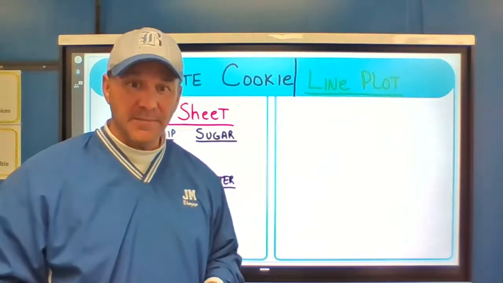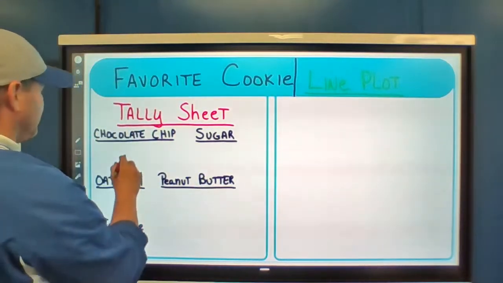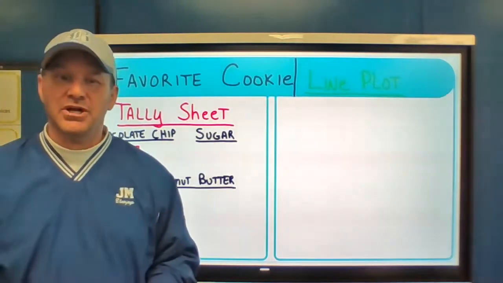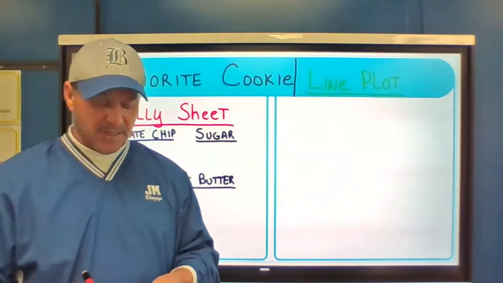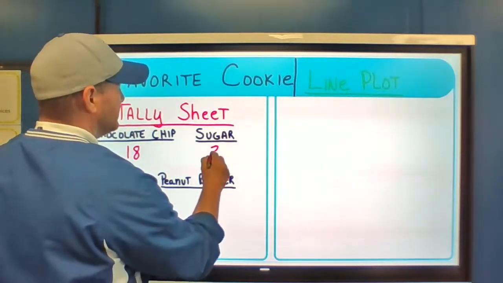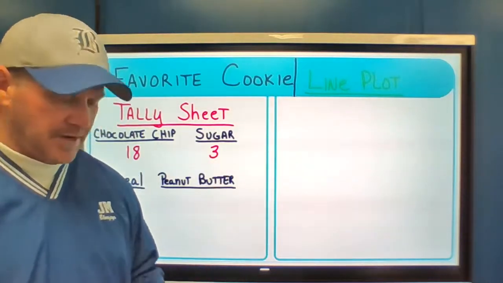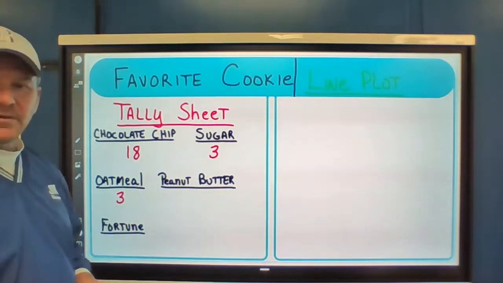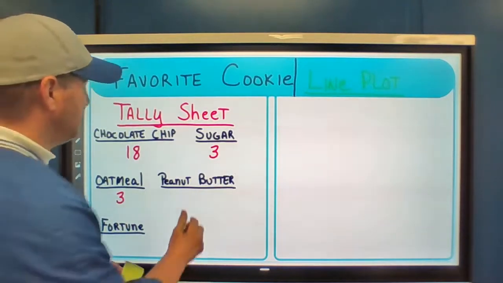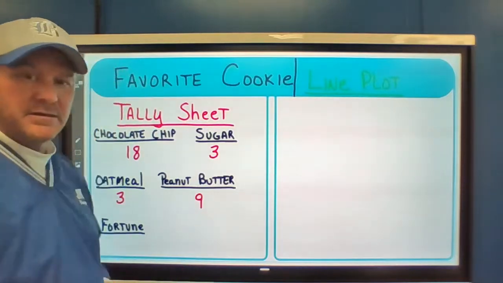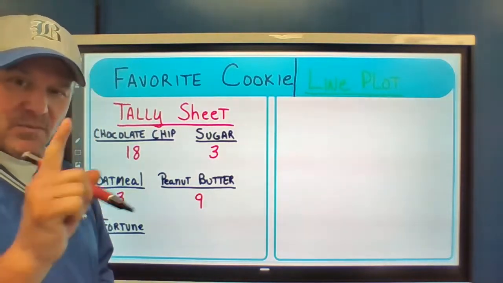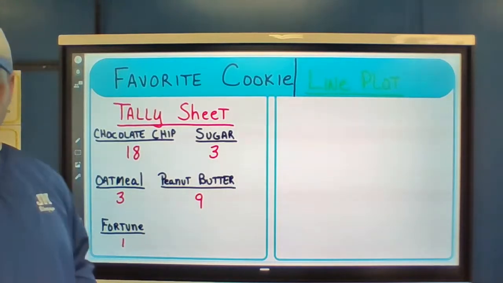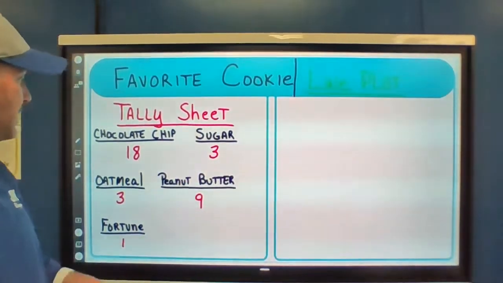So chocolate chip, 18 people chose chocolate chip as their favorite. 3 people said that sugar cookie was their favorite. 3 people also said that oatmeal was their favorite. 9 people chose peanut butter cookies as their favorite, and 1 person chose a fortune cookie.